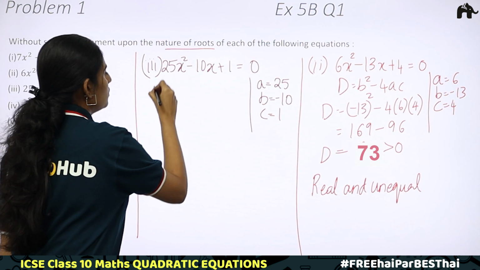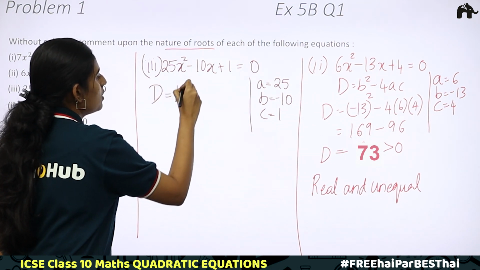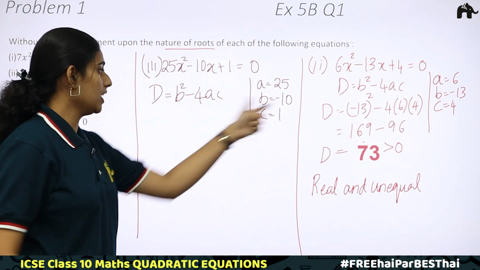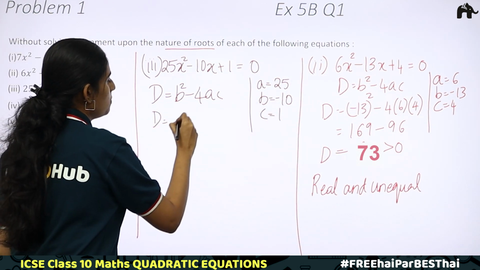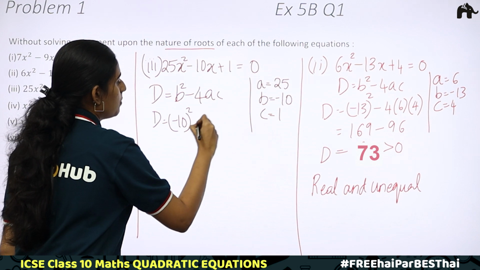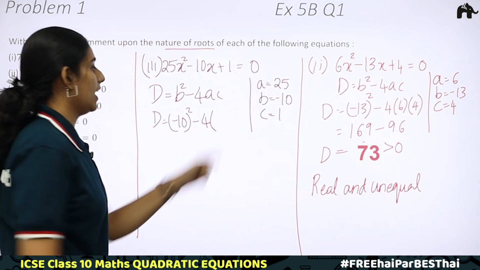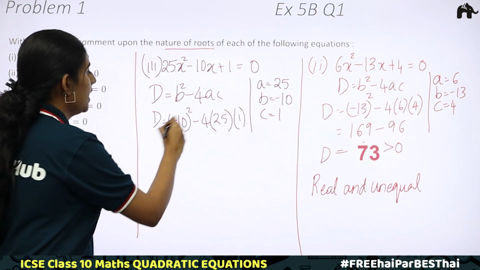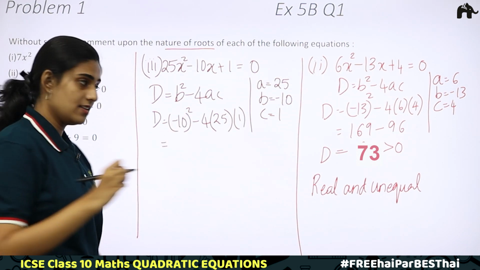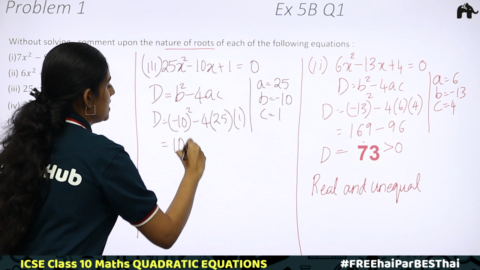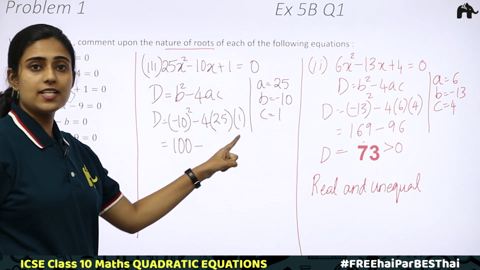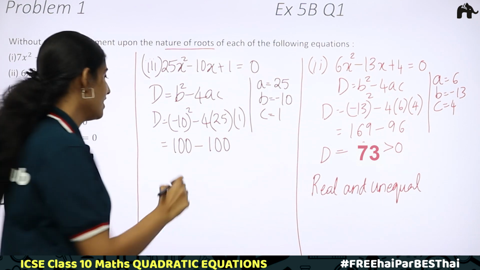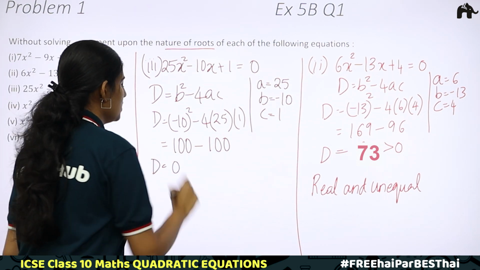Now substitute values in d is equal to b square minus 4ac. b is minus 10. d is equal to minus 10 square minus 4 into a into c. a is 25 and c is 1. Minus 10 square is 100, minus 4 into 25 is again 100. What is 100 minus 100? We'll be getting discriminant is equal to 0.